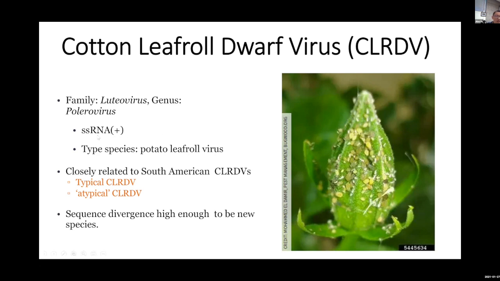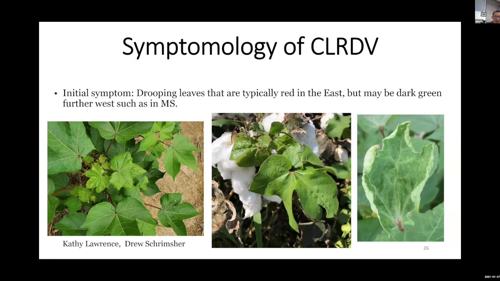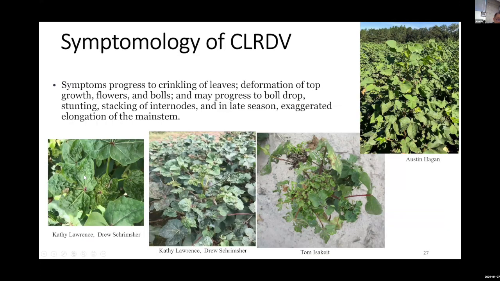It's caused by a single-stranded RNA virus, and it's transmitted by cotton aphids. In terms of symptomology, at the beginning you will see drooping leaves as shown in this picture, and as the disease progresses, you will see more crinkling leaves.